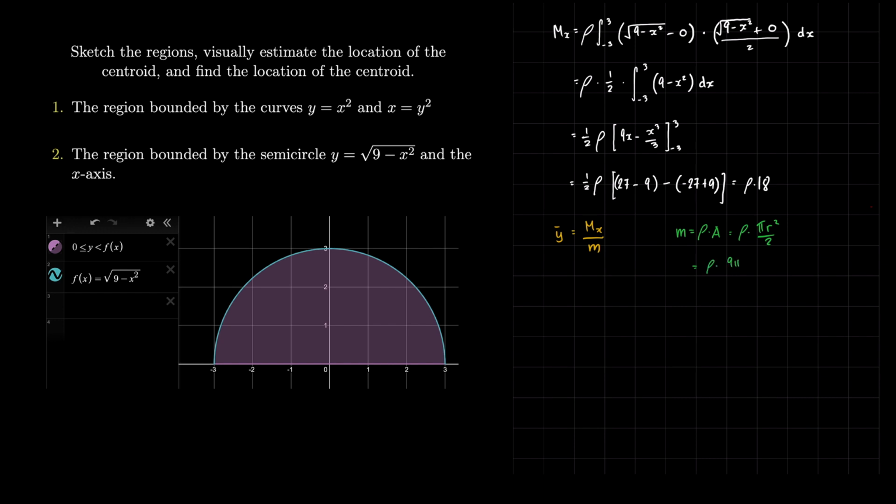So the mass is equal to rho times pi r squared over 2, kalahati ng area ng circle, or rho times 9 over 2 pi. The y-coordinate of the centroid is 18 times rho over 9 over 2 pi times rho, or 4 over pi pag sinimplify natin. Our final answer is that the location of the centroid is at 0, 4 over pi.